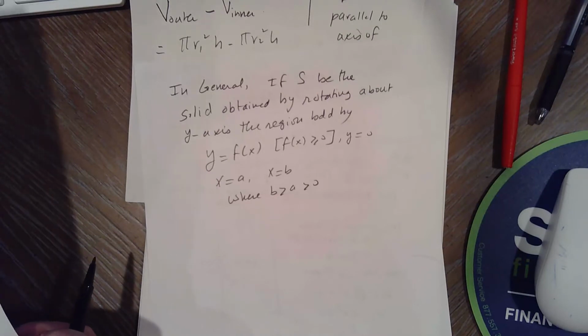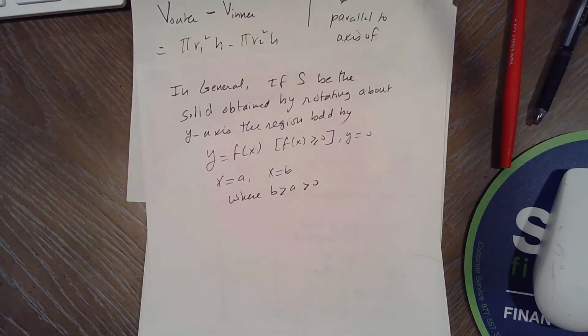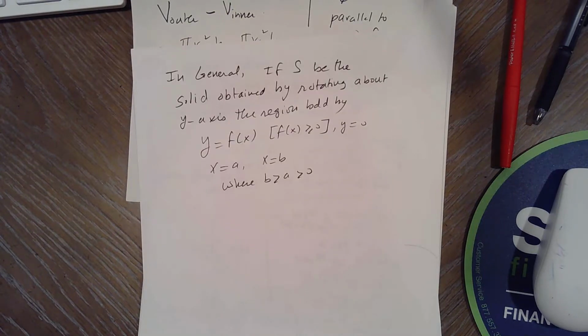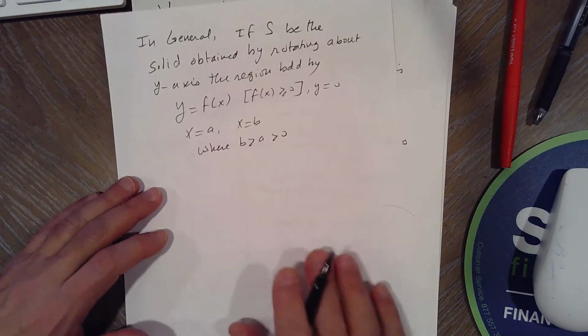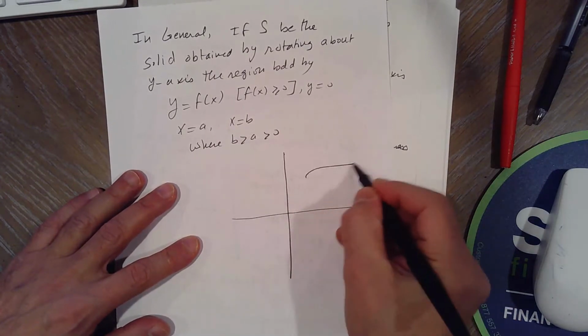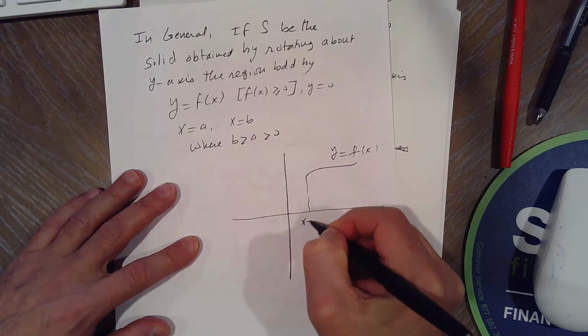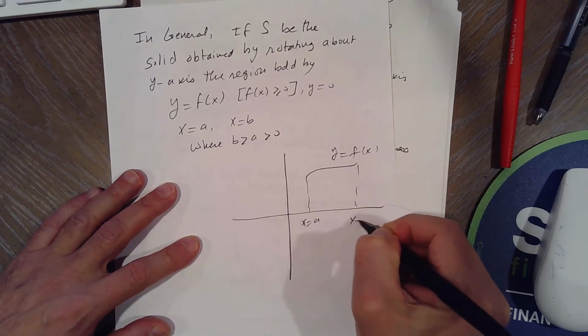Then we're going to use Riemann sums. Again, I'm not going to go over all the details. So basically, you have y equals f of x between x equals a and x equals b.